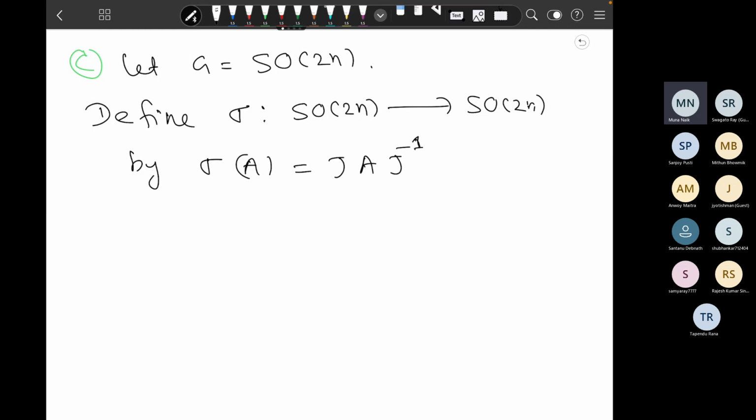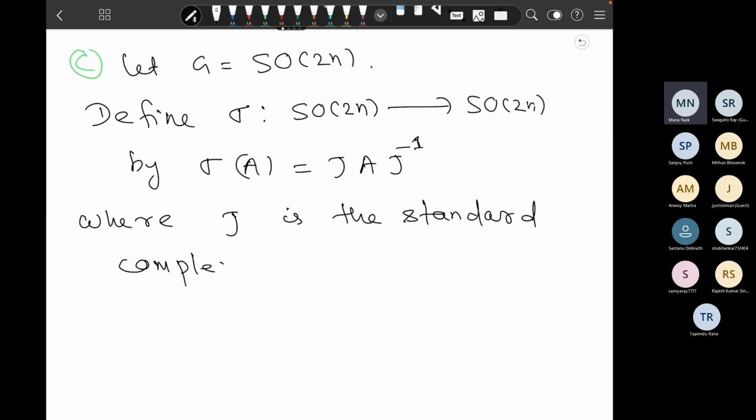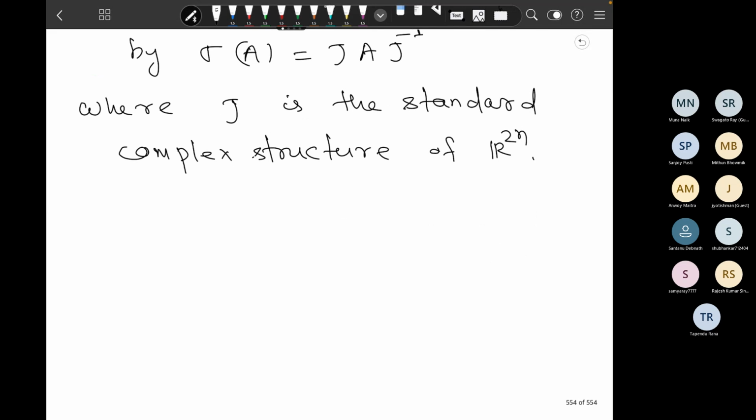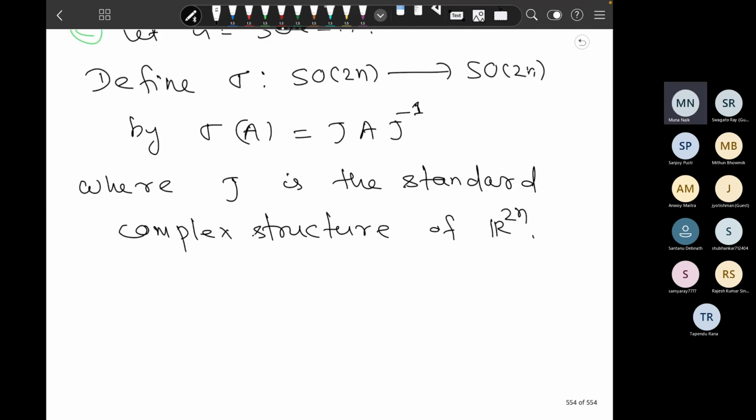J is the standard complex structure on R^2N. Precisely, this J is equal to the block matrix (0, I; -I, 0).